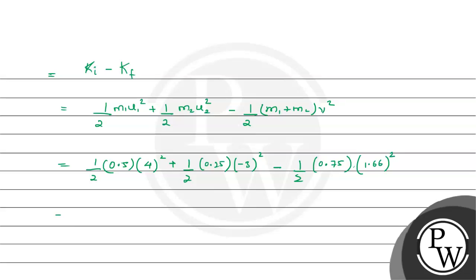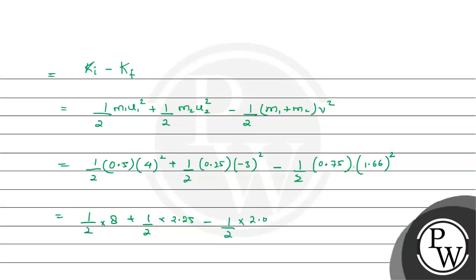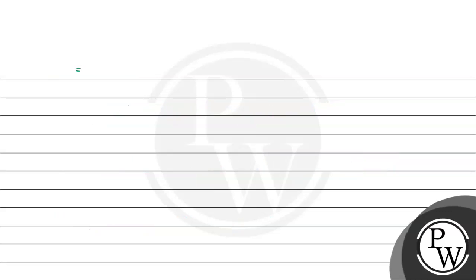So solving it, we get half of 8 plus half of 2.25 minus half of 2.083. Now on solving this, we get it equal to 4.083 joules. So this is the loss in kinetic energy. This is our final answer.